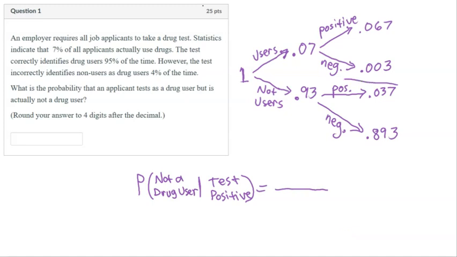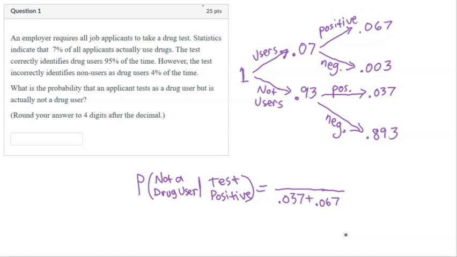Well, here's a test positive, 0.037. So we're going to put that here, 0.037 plus. And then these people tested positive too, 0.067. So plus 0.067, okay?